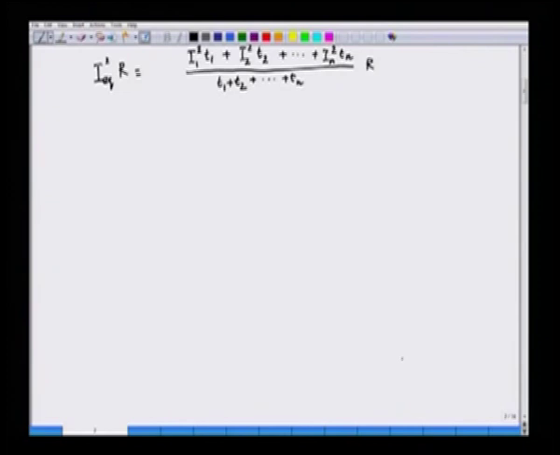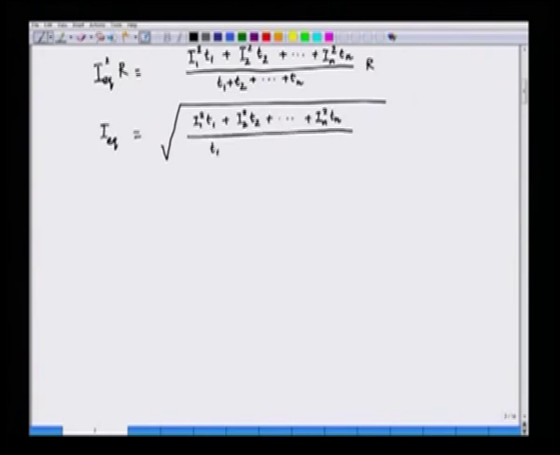Now this R will also be cancelled, so from this equation we can say that I equivalent is equal to the square root of I1 square T1 plus I2 square T2 up to In square Tn, divided by T1 plus T2 up to Tn. So we have been able to find an equivalent current.